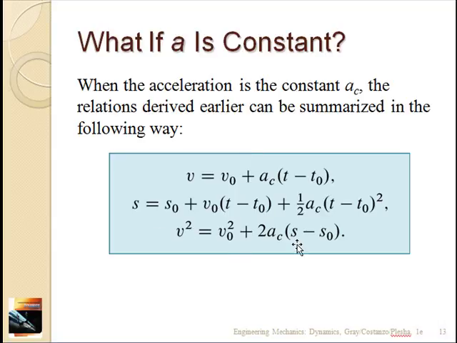It's sometimes handy to use this last formula. The square of the velocity is the square of the initial velocity plus 2 times the acceleration times s minus s naught. So this relates velocity and position and gets the time out of it. Sometimes that's handy. All right, so these are 3 handy formulas to know for any kind of problem where it's linear motion and constant acceleration.